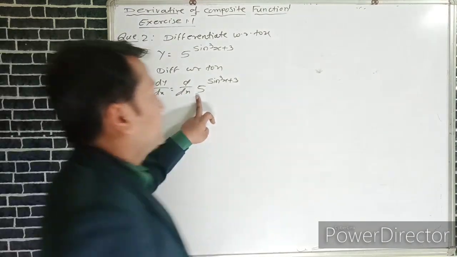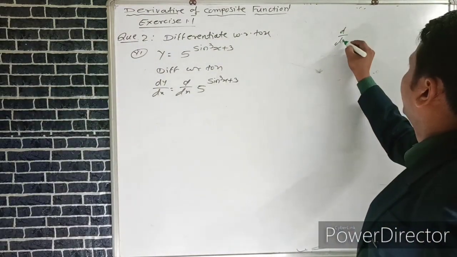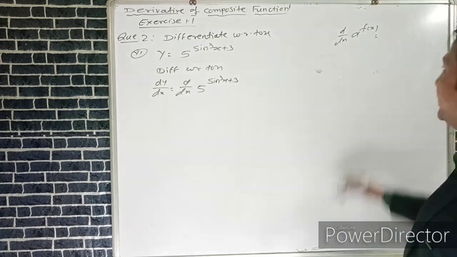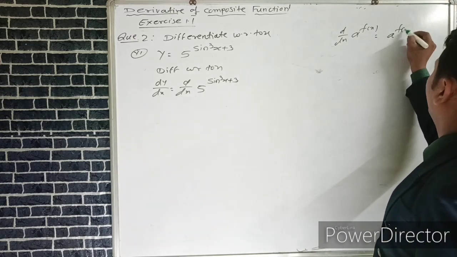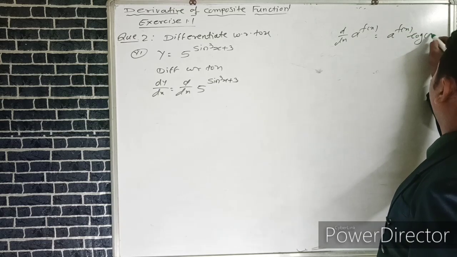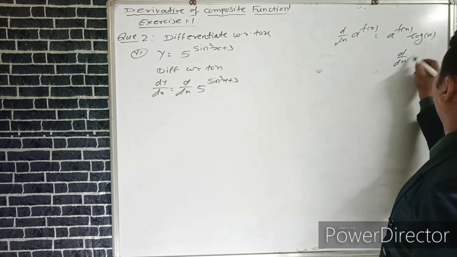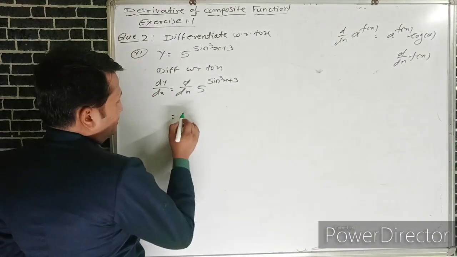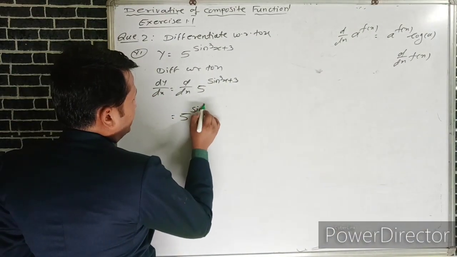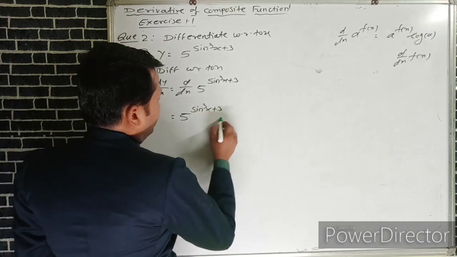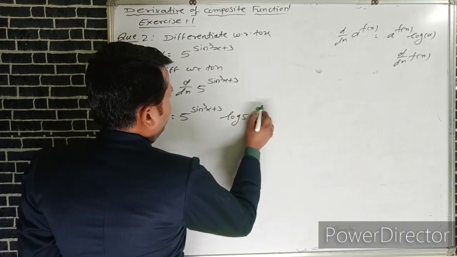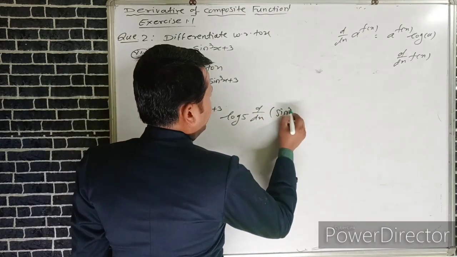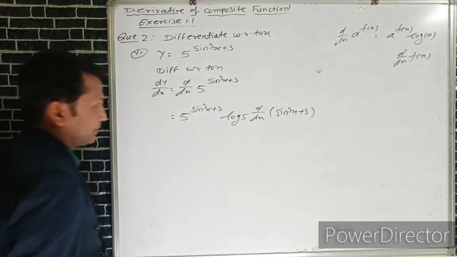This function is in the form of a to the power f of x, and the derivative of a to the power f of x is a to the power f of x into log a into again the derivative of f of x. By applying this rule, we can write 5 raised to the power sine cube x plus 3 into log of 5 into again the derivative of sine cube x plus 3.